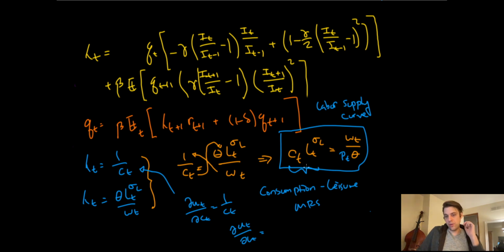So on the left, we have the consumption leisure MRS. On the right, we have the consumption leisure relative price. That is the wage divided by the price of the consumption good. And then this theta shows up as a scaling factor.